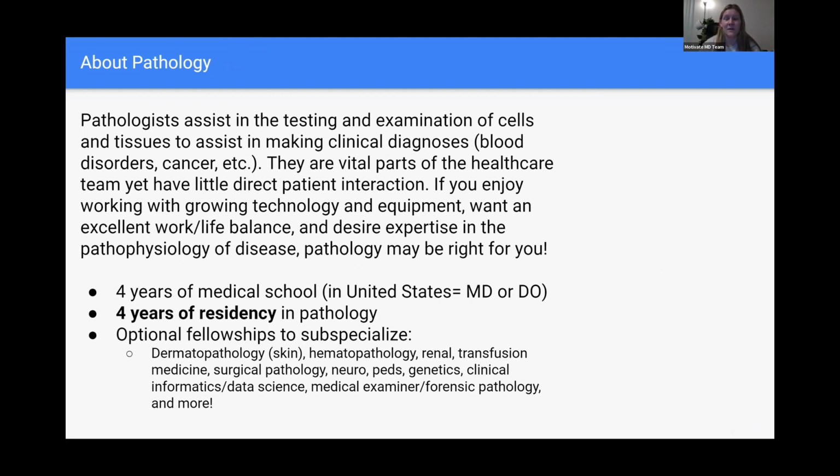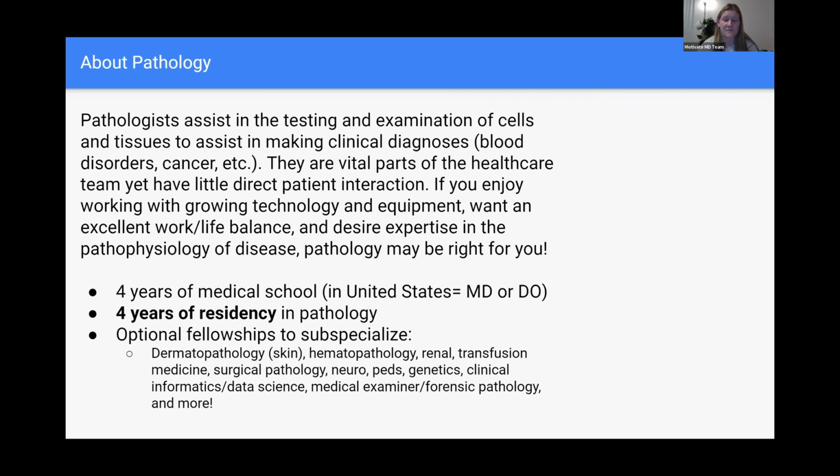The benefit is that you have some built-in level of protection from the really hard instances of patient care where you have to deliver bad news to people and follow them through really hard times. So there's a certain level of detachment and separation from these really difficult issues.